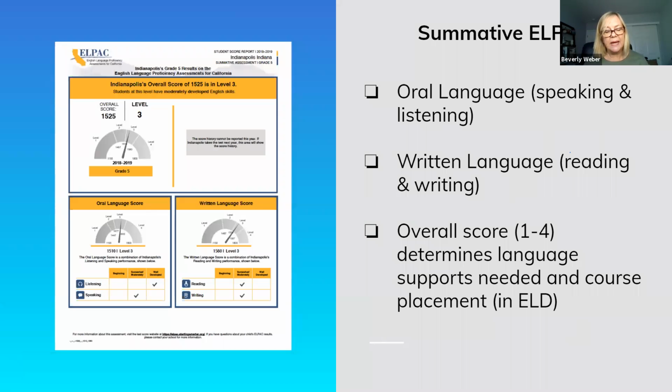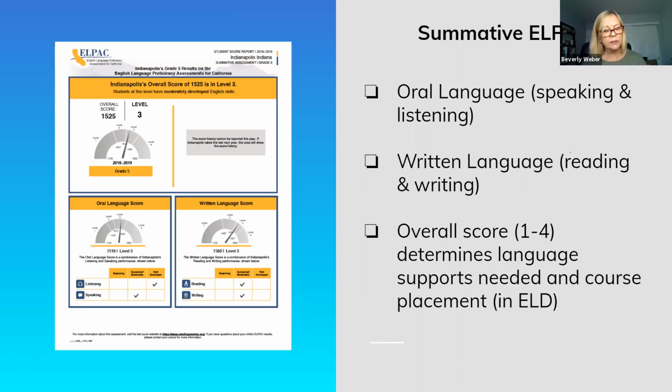Your child's LPAC scores will be sent to you. This is an example of a child's summative LPAC scores. This report can guide you as you support your child.